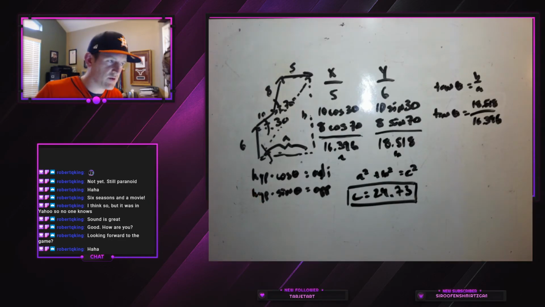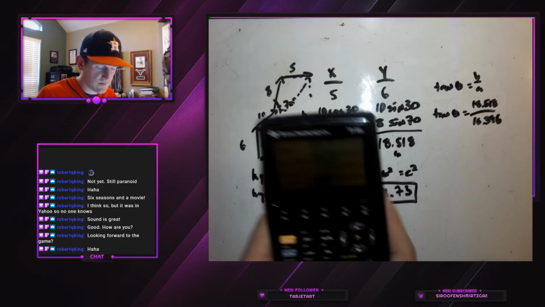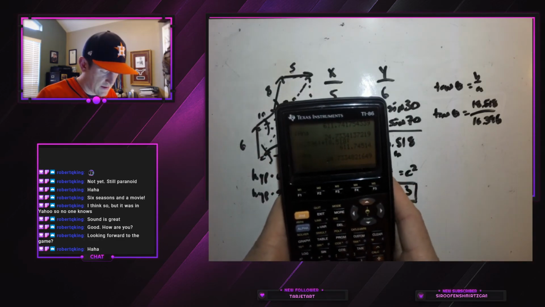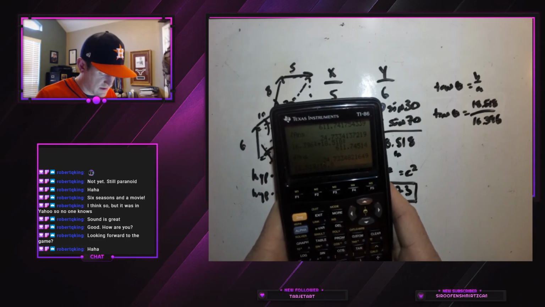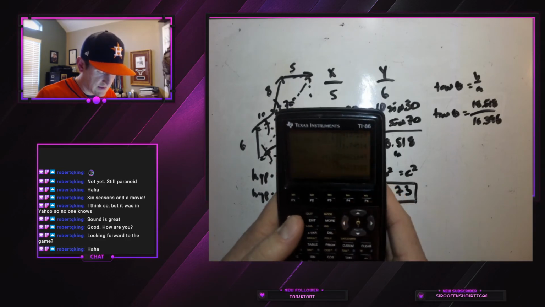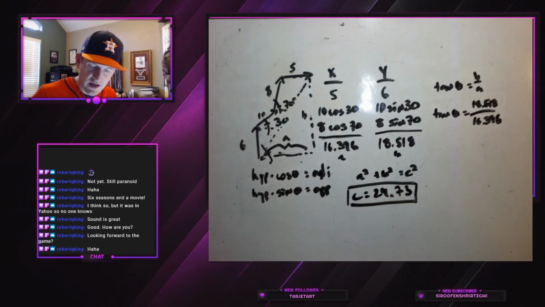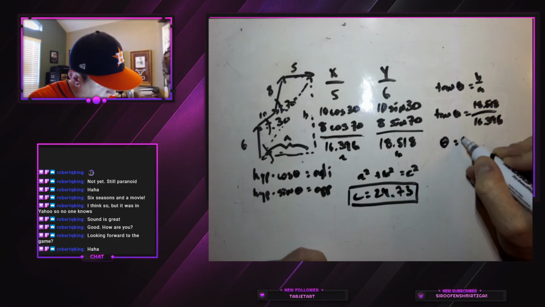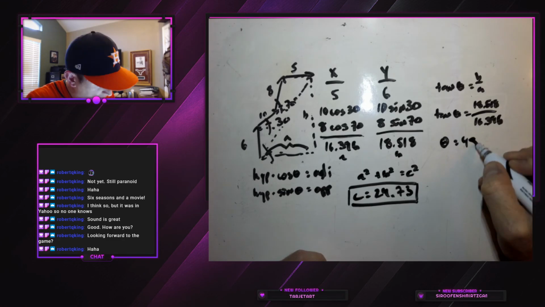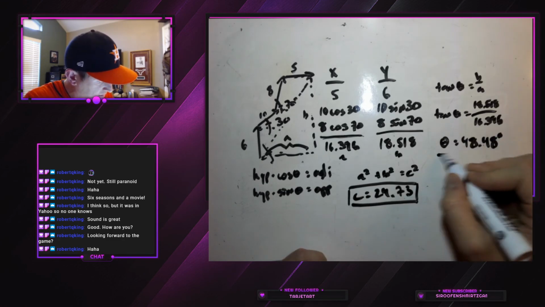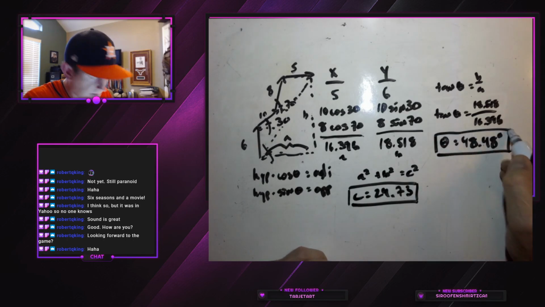We can punch that into our calculator and then do the antitangent. 18.518 divided by 16.396. Antitangent of both sides. We have 48.48 degrees. There we go.